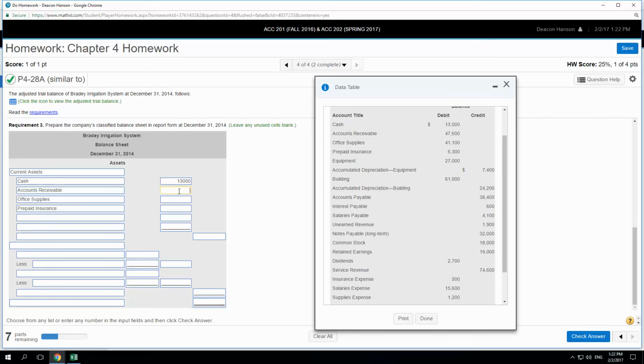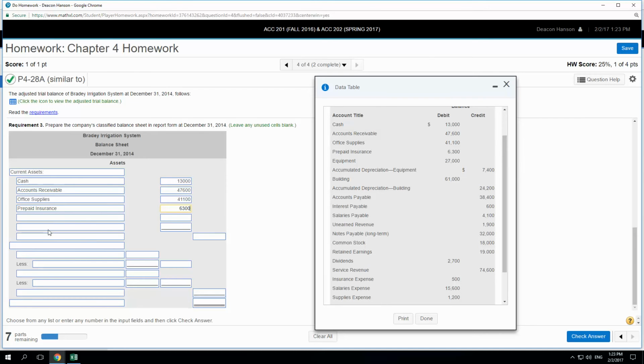We list them in the order of liquidity. So liquidity means how quickly they're going to be turned into cash or how quickly they're going to be used up. So of course, cash is the most liquid asset because it's already cash. Accounts receivable is closer to being converted to cash than office supplies. And then it goes on that way. So these are pretty much in that order already.